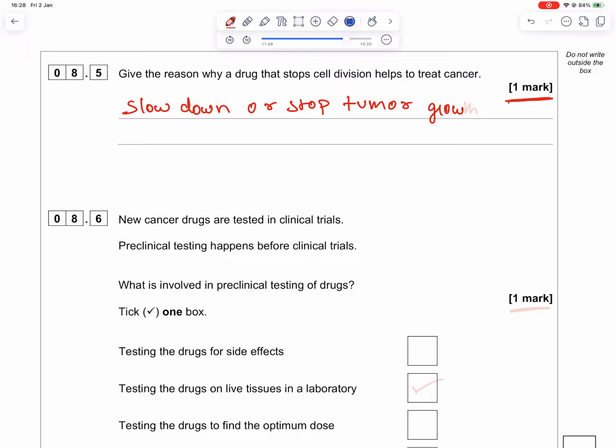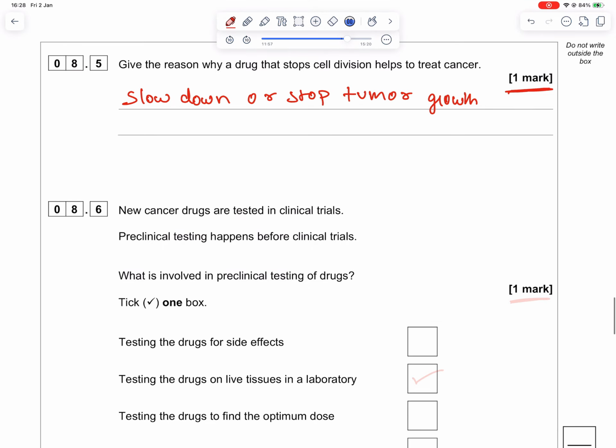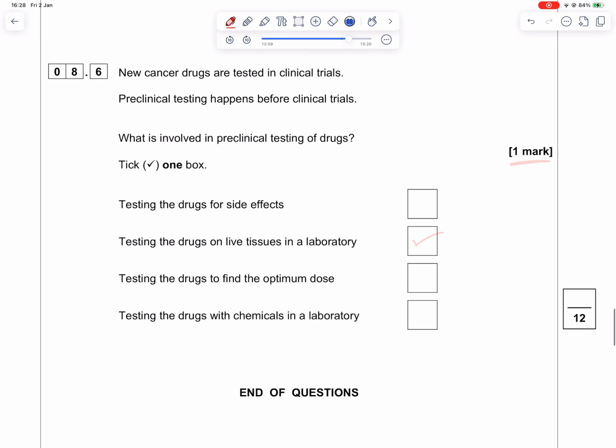That's very important to mention, which helps to treat cancer. So therefore, the drug is stopping the cell division, slowing down or stopping the tumor growth, which is helping in treatment of cancer. Now moving on, the next question, 8.6, again is an MCQ for one marker.